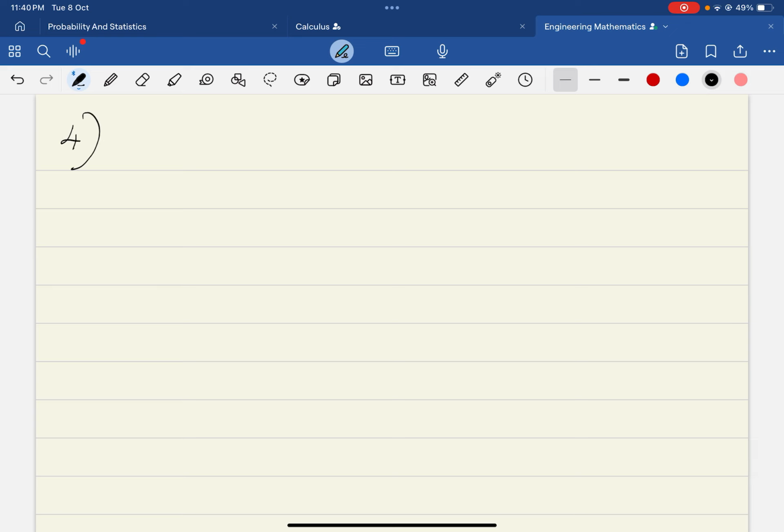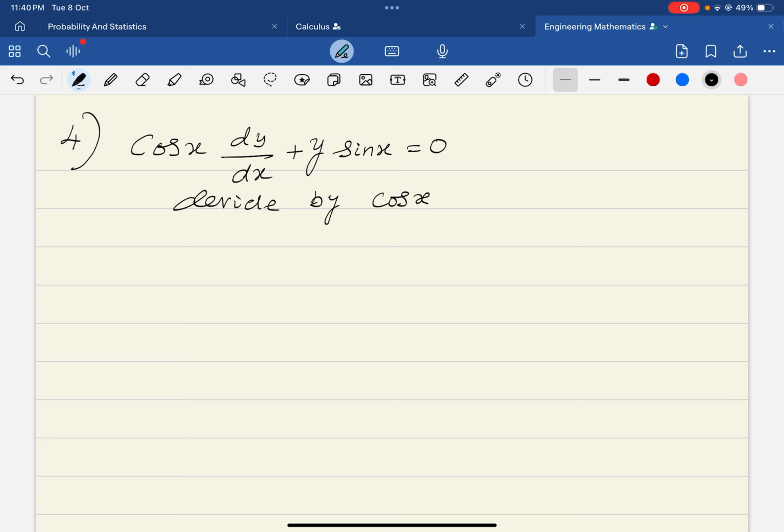The fourth problem. Let us take this as cosine x dy by dx plus y sin x is equal to 0. Okay. Now, it is not in the standard form first, correct? So, what do we do? We divide by cosine x.